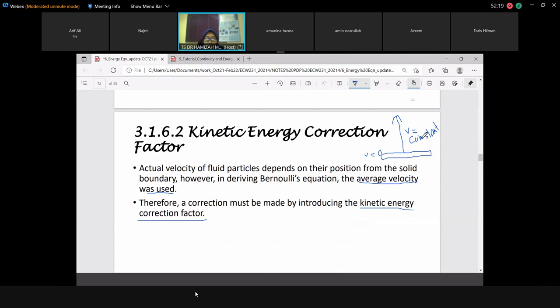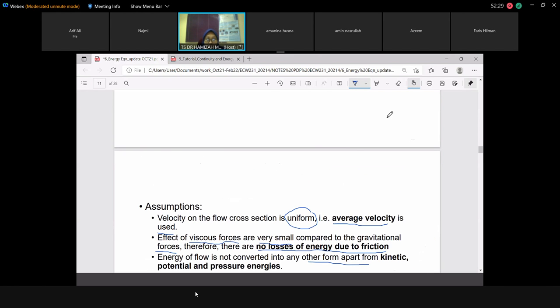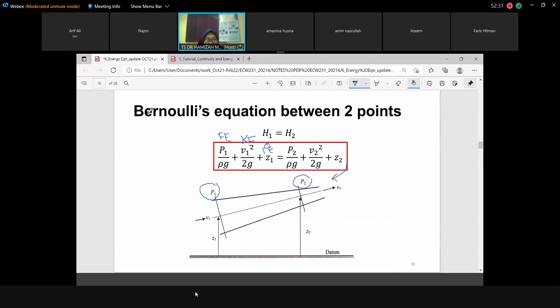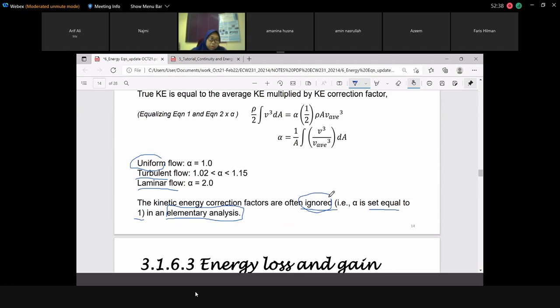When we use average velocity, sebenarnya dia ada we need a kinetic energy correction. Tapi bila kita study on elemental between that follow Bernoulli equation, we always ignore the correction. Apa maksud ignore ni? Kita dah standardkan dia 1. So semua flow adalah uniform. Okay.